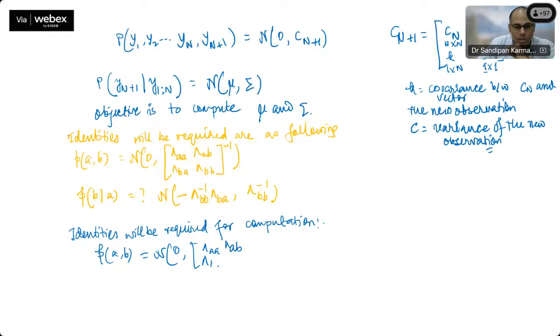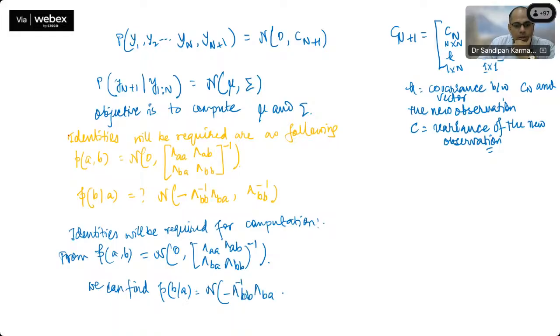From the joint distribution, you have to find the conditional distribution. From this we can find P of B given A as normal with mean minus gamma BB gamma BA gamma inverse.